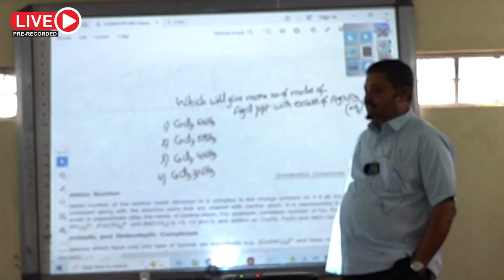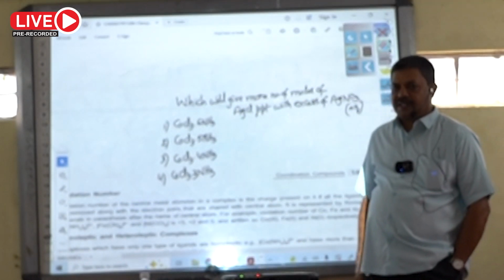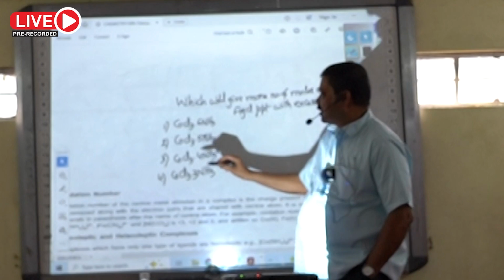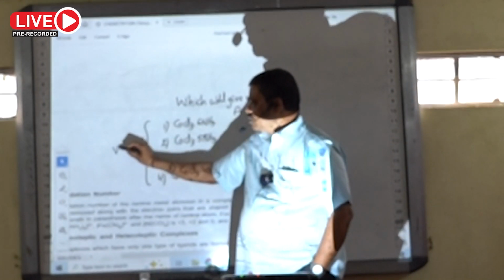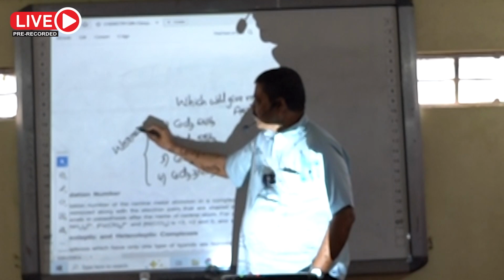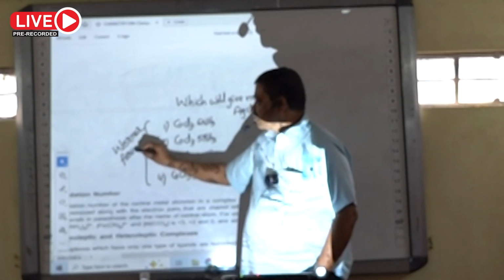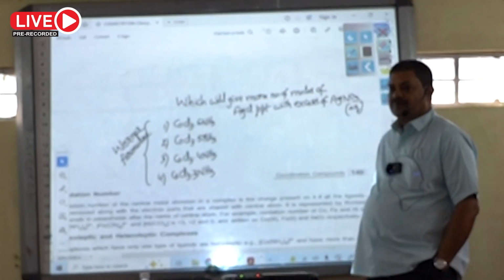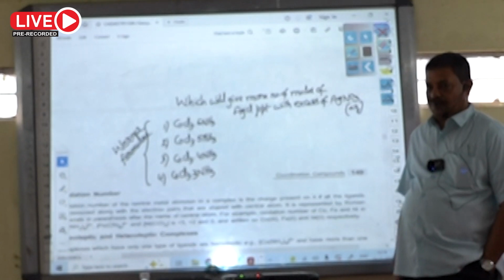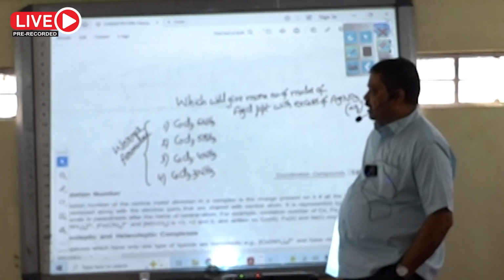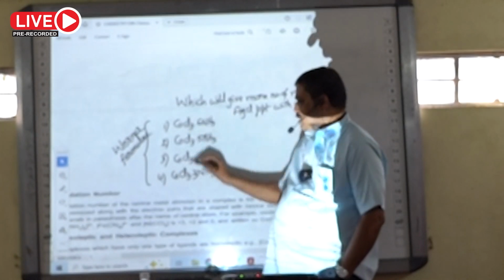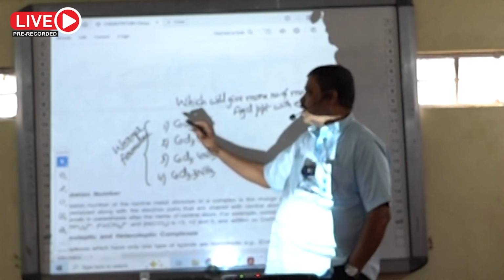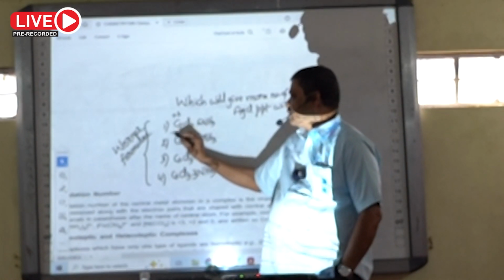Actually, when we write this formula like this, without any square bracket, these are called old formulae, Werner formulae. This Werner formulae, we have to convert into modern formulae. In all of these, when 3 chlorines are there, 3 Cl minus are there, cobalt carries +3 oxidation state.